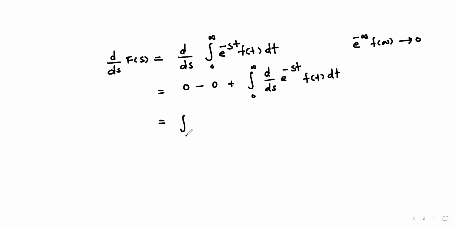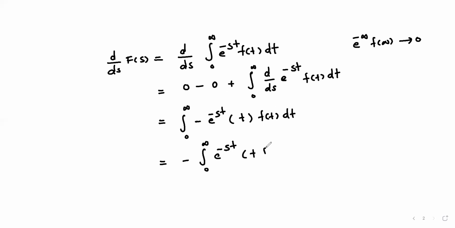This is equal to the integral from 0 to infinity of d by ds of this function, which is equal to minus e raised to power minus s t, t, f of t, dt. And we can write this as minus the integral from 0 to infinity of e raised to power minus s t, t, f of t, dt.